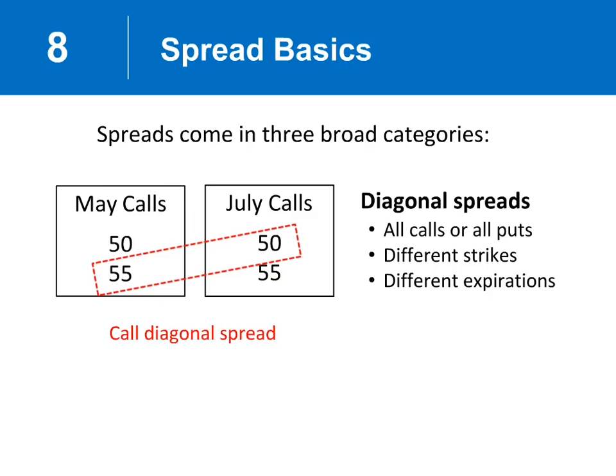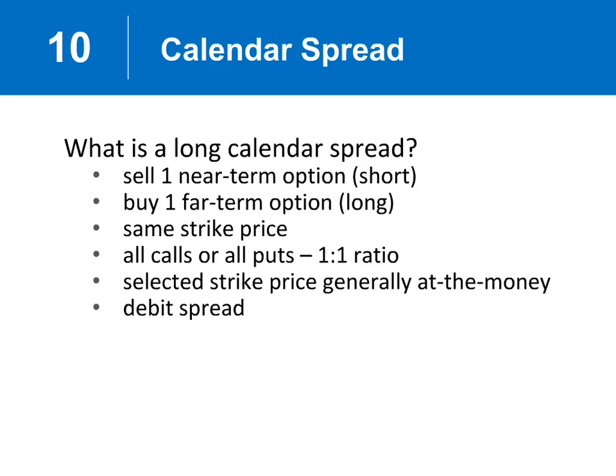So moving on and getting onto tonight's topic, calendar spreads. As we can see in slide 10, what exactly is a long calendar spread? Well, it's a spread where we're short a near-term option and long a further-term option.